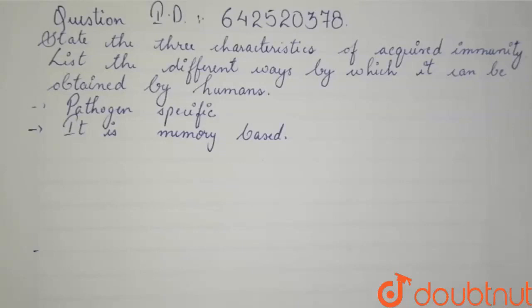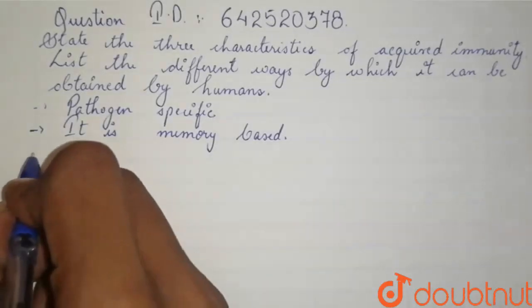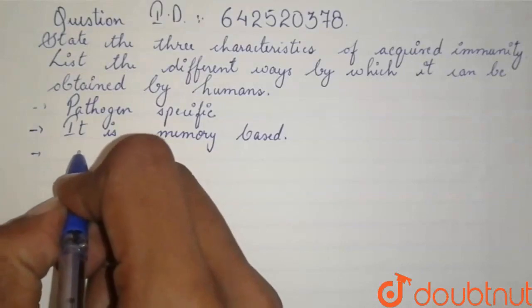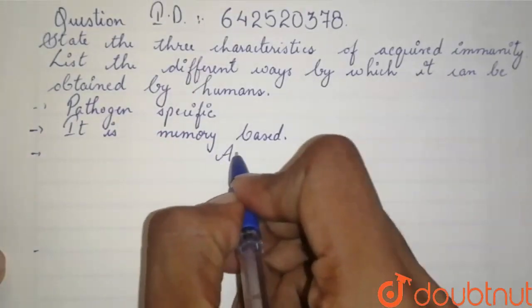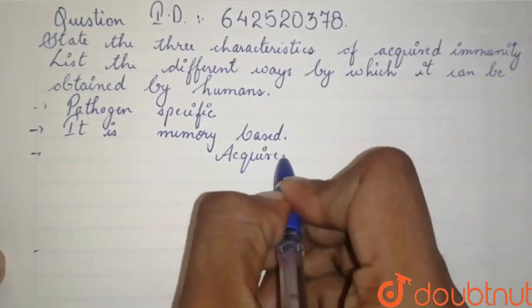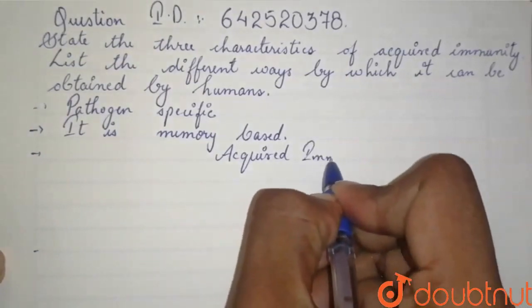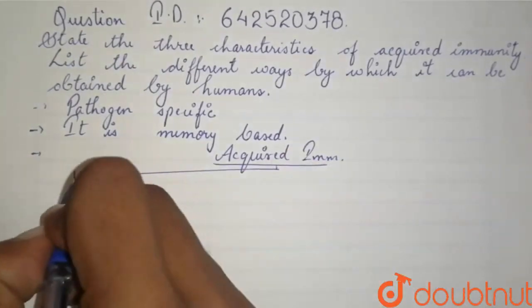The third characteristic is that there are two responses in acquired immunity. So we can say acquired immunity has two responses.